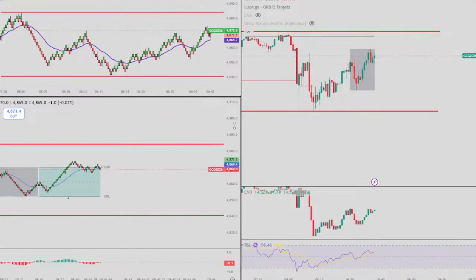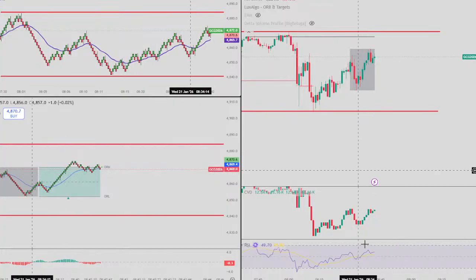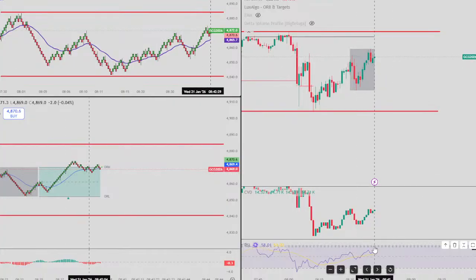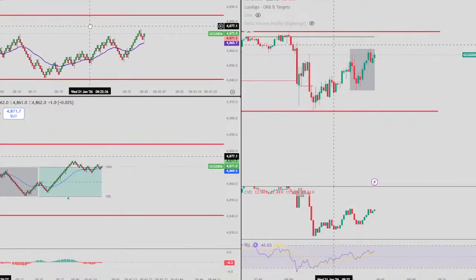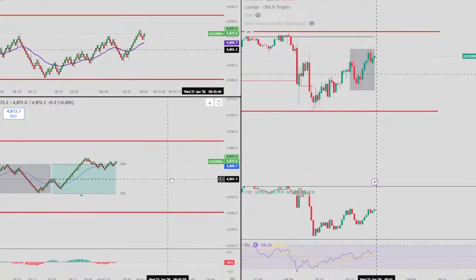But right now, we're still trading in the range. We're not really close to making any overbought or oversold, so that's good. Not good, but it is what it is.